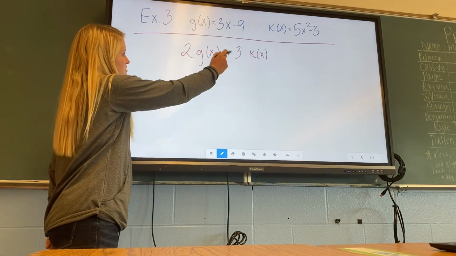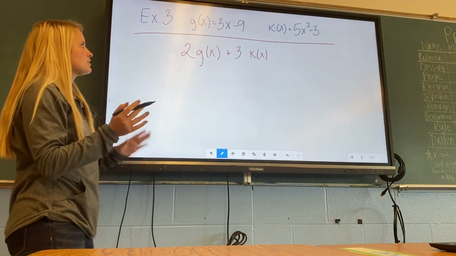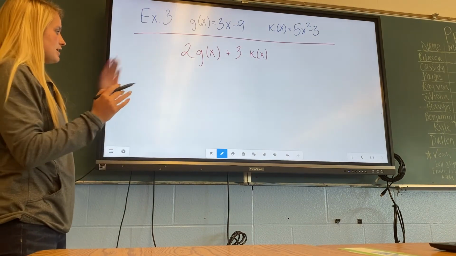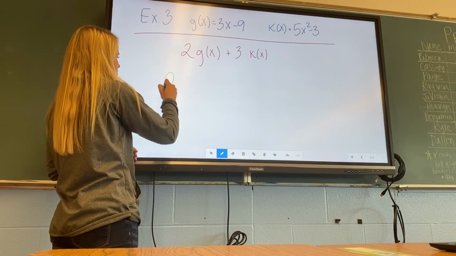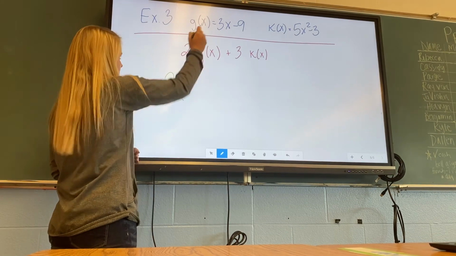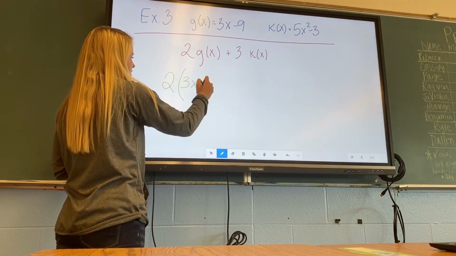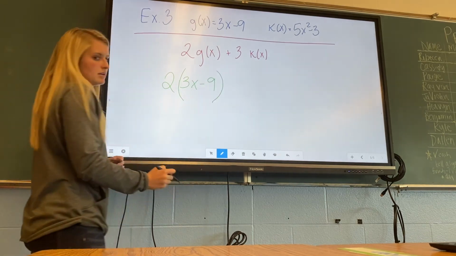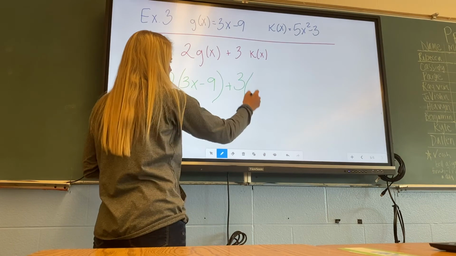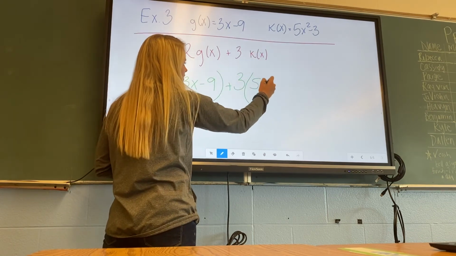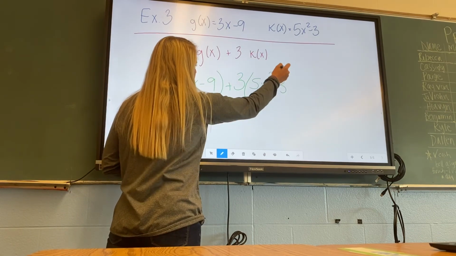So here we have 2 g of x's plus 3 k of x's. The only difference that we're going to do here is that we're going to be multiplying. So we have 2g of x, we're going to have 2, and then you're going to copy down g of x just like before. And then we have plus 3k of x. What's k of x? 5x squared minus 3.